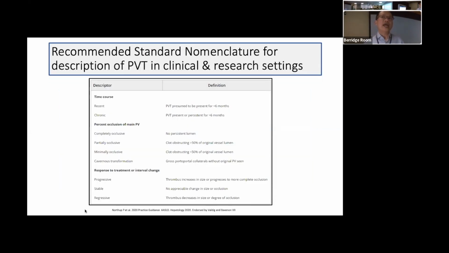And this is the standard kind of recommendation for reporting portal vein clots in clinical and research settings, drawn up by the American Association for the Study of Liver Diseases, and then also endorsed by the Baveno guideline, which is the hepatology guideline. So it mentions the time course, recent or chronic, recent being less than 6 months.